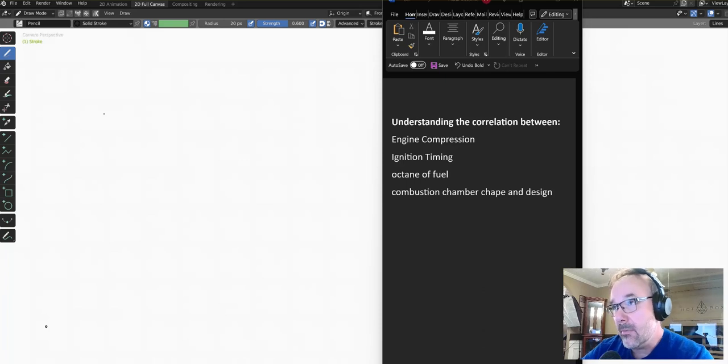So the way that I've labeled this is understanding the correlation between engine compression, ignition timing, and octane of fuel. And then I may have a brief discussion on combustion chamber shape and design of combustion chambers.